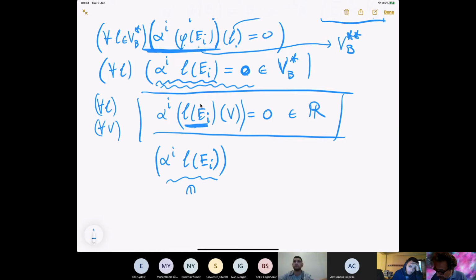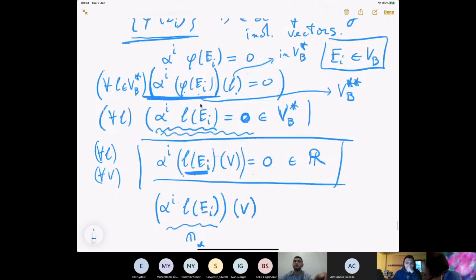This is an element of V star B, and it is applied to V. Let us check if now it works.